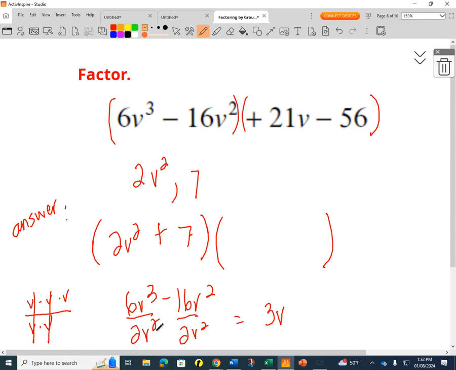So 3b minus, what? So our b's are gone. So this is our other binomial factor. So that is our answer.